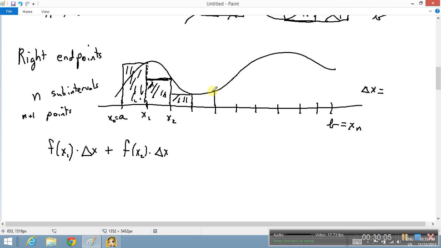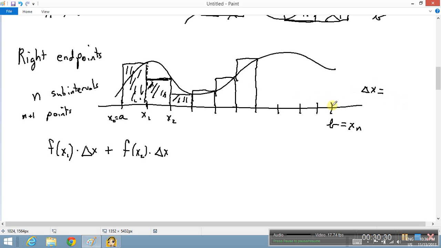Each right endpoint gives you a height of a rectangle. For this subinterval, the right endpoint is here. You have to go up to the curve, and that gives you the height of a rectangle, which then gets multiplied by delta x to get the area. So each right endpoint gives you a height, and so on.